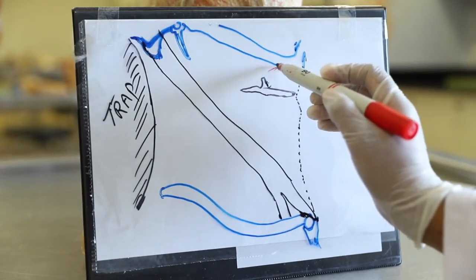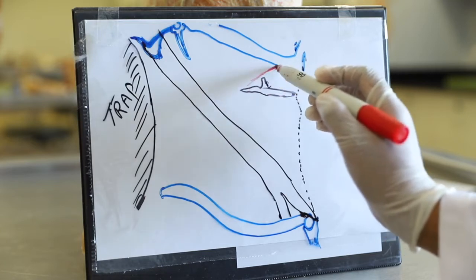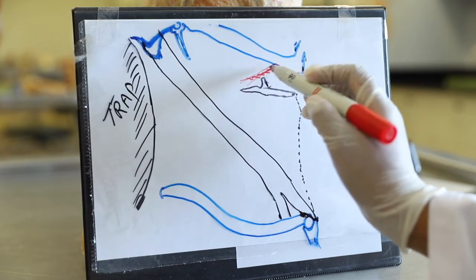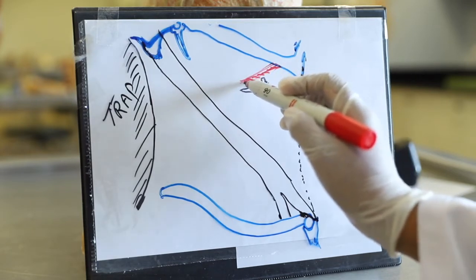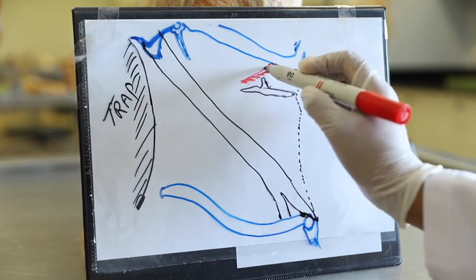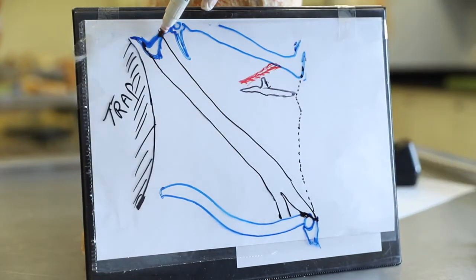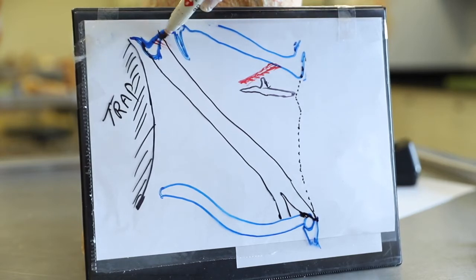One from the digastric fossa on the mandible, and the other arises from the mastoid notch, just medial to the mastoid process.